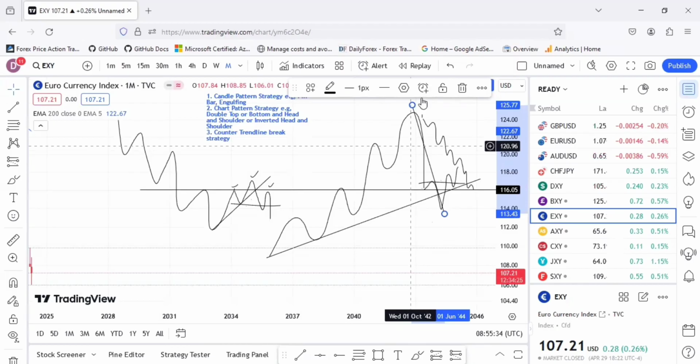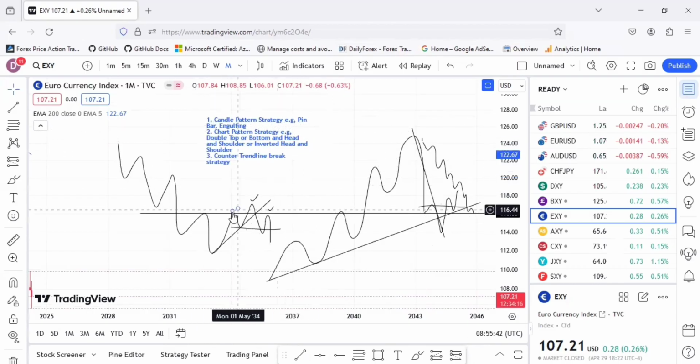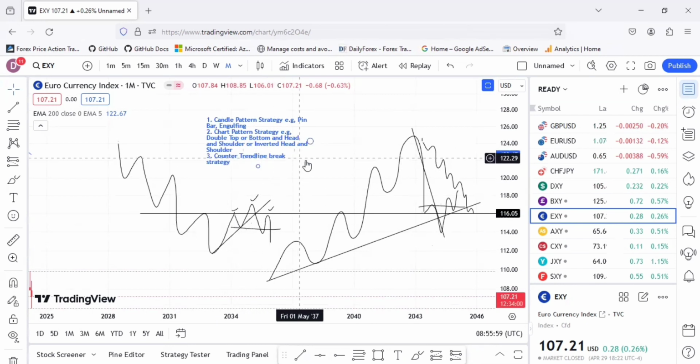So those are the entry strategies that I want us to look at today. I've talked about candle pattern strategies, where you look out for a candle pattern, e.g. pin or engulfing at your location before you enter for buy or sell. I talked about chart patterns, the double top or double bottom and head and shoulder, inverted head and shoulder.